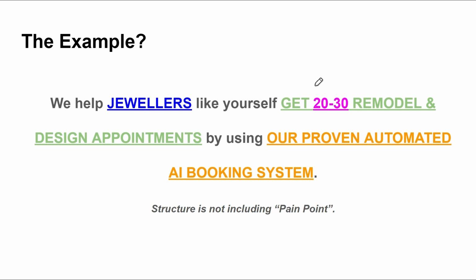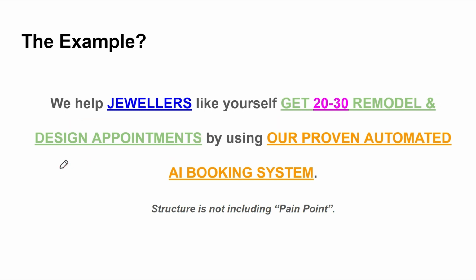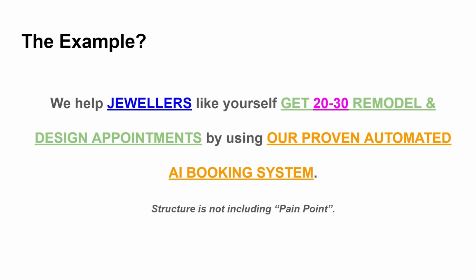And that's their desired outcome. They want to get more work, more appointments, more jobs. And the next part is our vehicle: by using our proven automated AI booking system. So this example does not have a pain point, but it still works, it's still catchy, it still attracts the right people. So hopefully you understand by now.